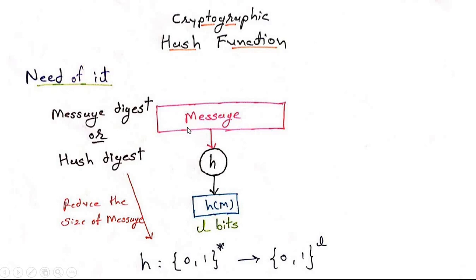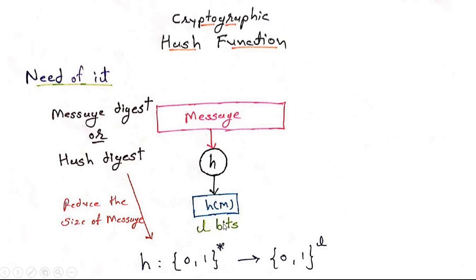So let's see what we are going to do. Here we apply a cryptographic hash function. After applying the cryptographic hash function, we get an L-bit data message. Get it? We convert our message into a specified fixed L-bit data, so these are fixed bits.